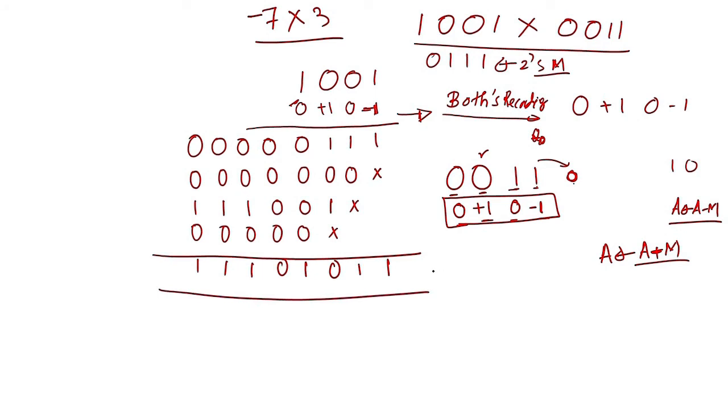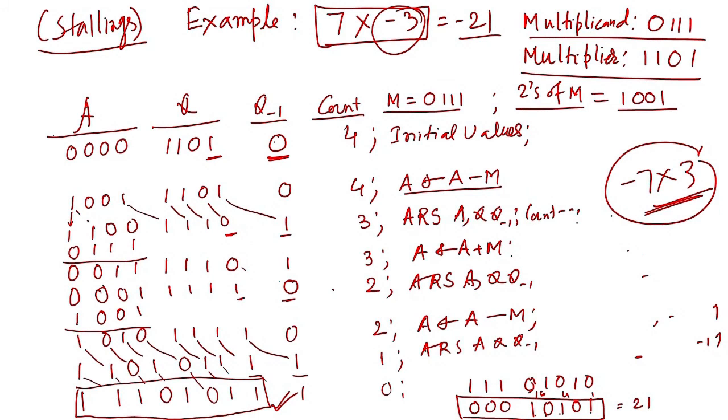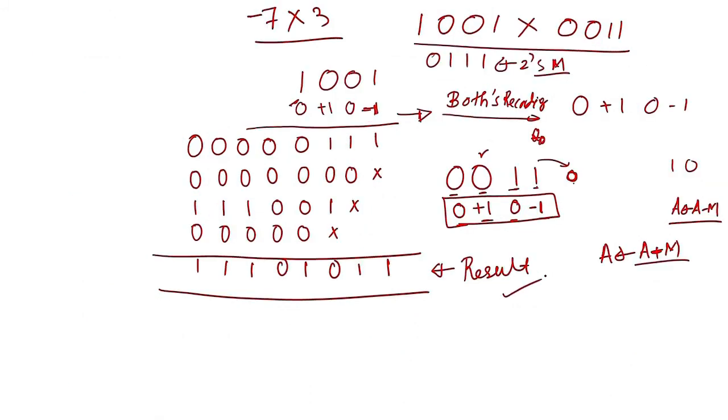So, this is the result: 1 1 0 1 0 1 1. So, this is done, minus 7 into 3. Same thing we can do with minus 7 into minus 3.